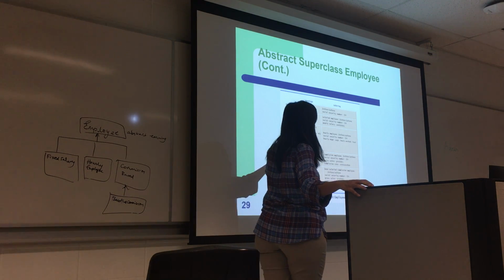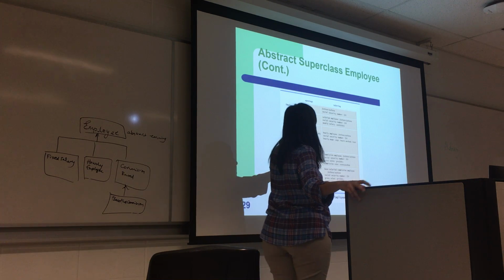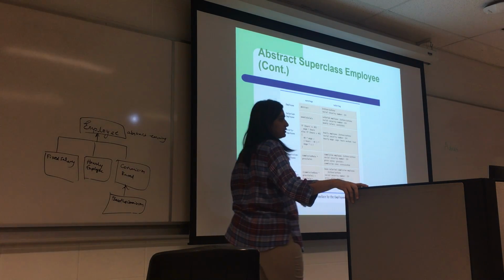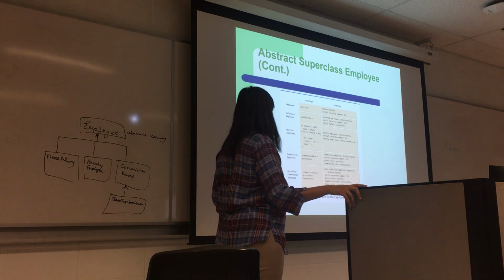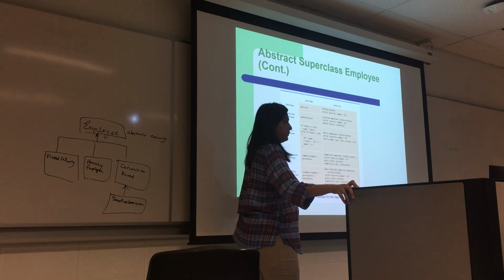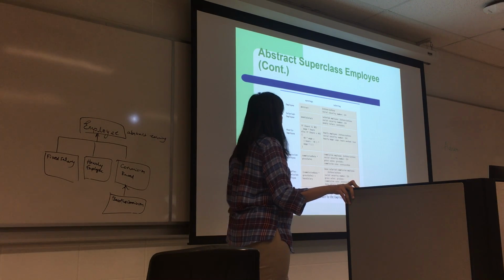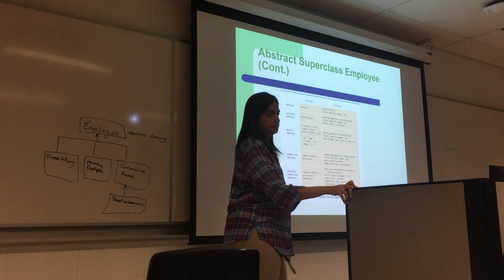And if the employee is a commission-based employee, which we did in the base class, you just multiply the commission rate with gross sales, and that will be the earnings of a commission-based employee. If the employee is a base salary plus commission employee, then there should be a base salary that is added to this commission rate times gross sales.